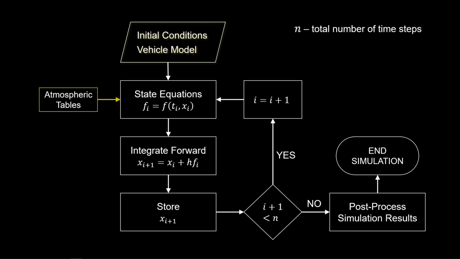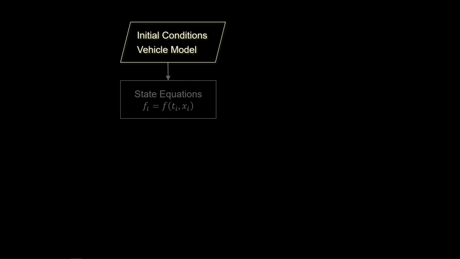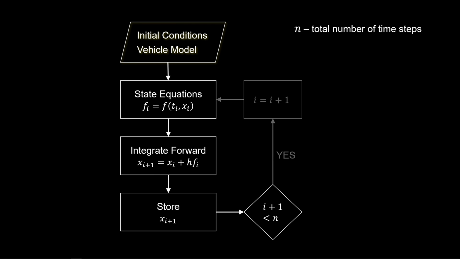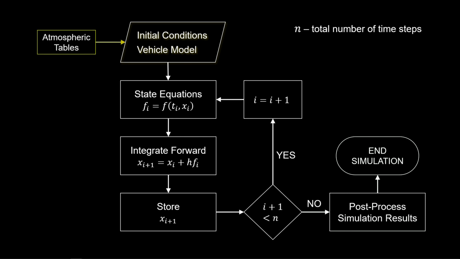When used in this way, the simulation slowed down significantly, to where it would take longer to integrate than the total duration of the simulation. So I decided to load the atmospheric table from the package at the start of the simulation.